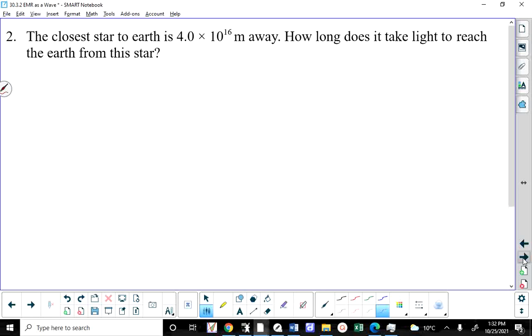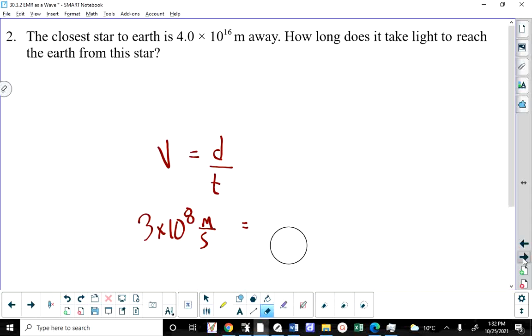In other words, how long does it take light to travel that distance? So this time what we're going to do is just use speed equals distance over time. We can put in the speed of light, and the distance is 4 times 10 to the 16 meters.